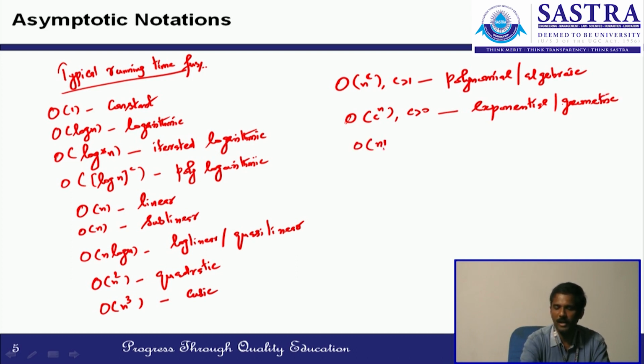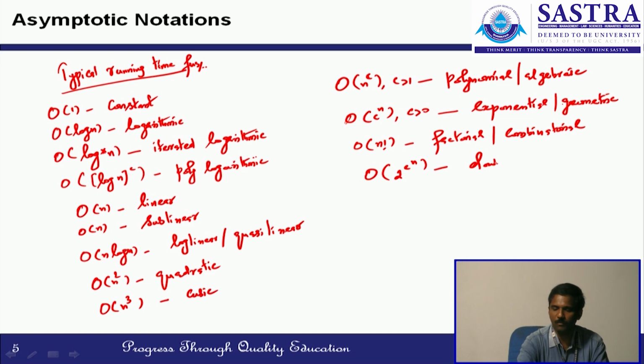Order of n factorial, this is the factorial or combinatorial computational complexity. Order of say 2 power c power n, this is said to be the double exponential computational complexity.